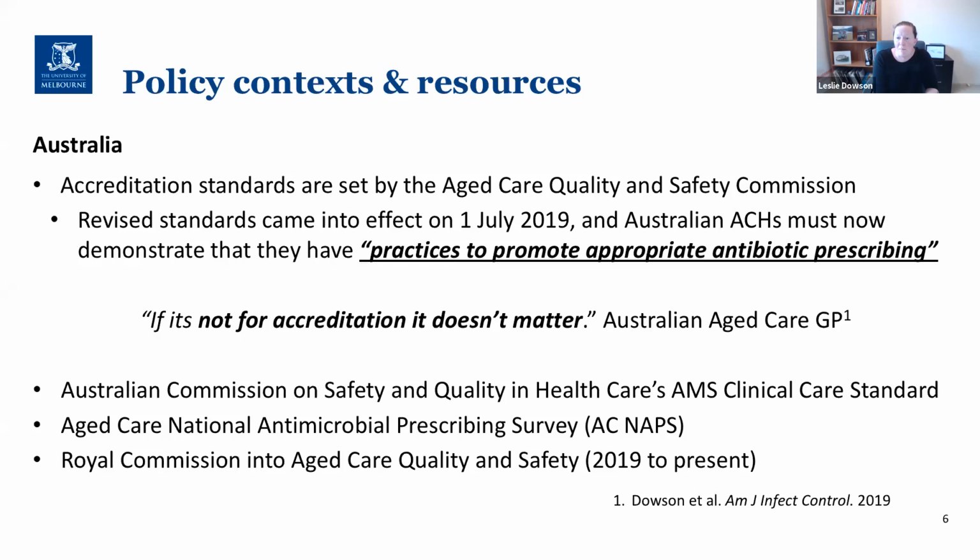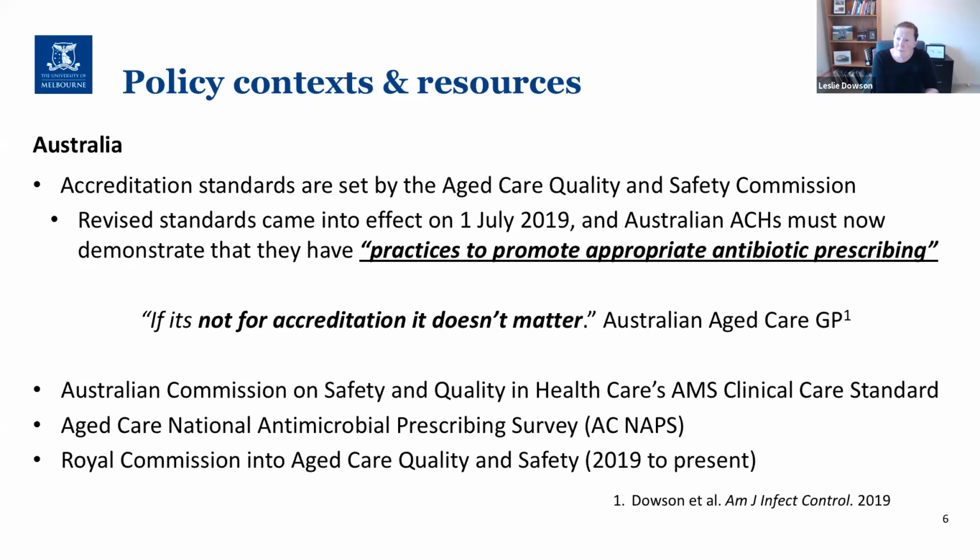And in that, aged care homes must have practices to promote appropriate antibiotic prescribing. That's fantastic, because within the sector there is this belief that if it's not for accreditation, it doesn't matter. So that's how you get things done within the sector: make it for accreditation.